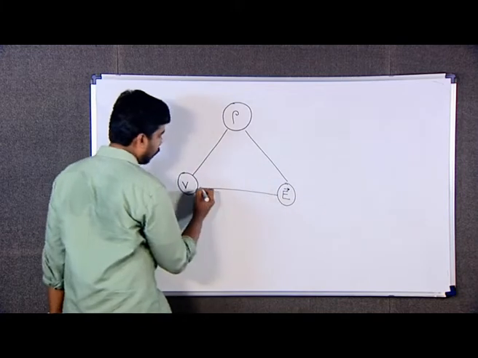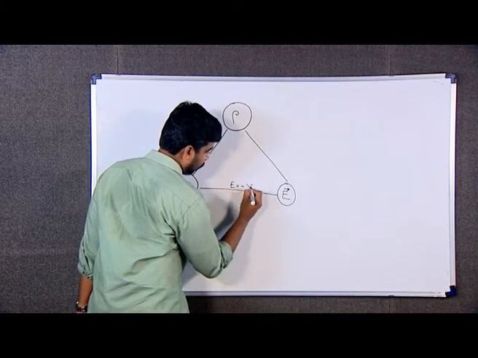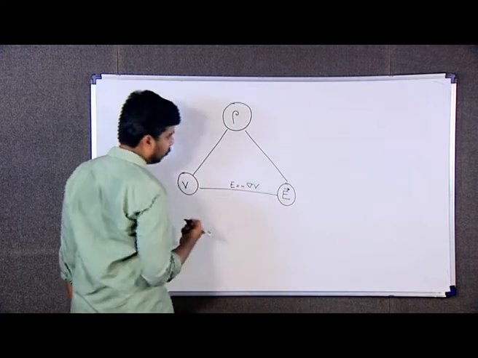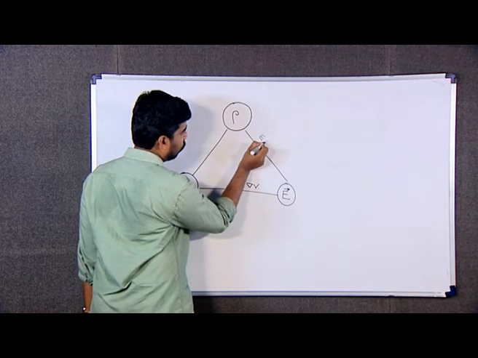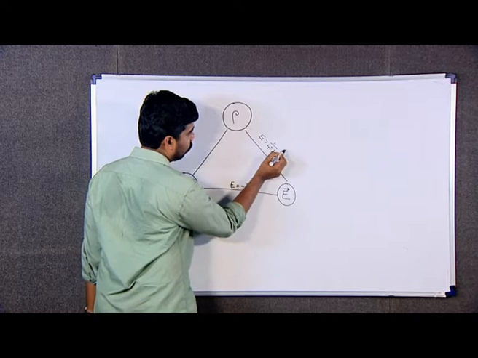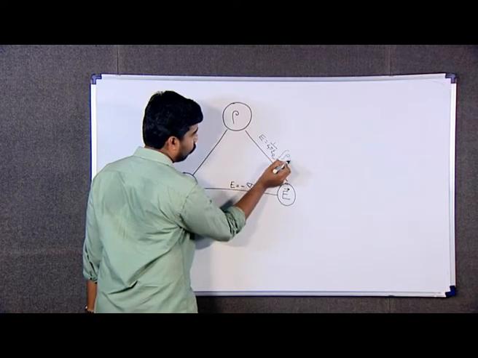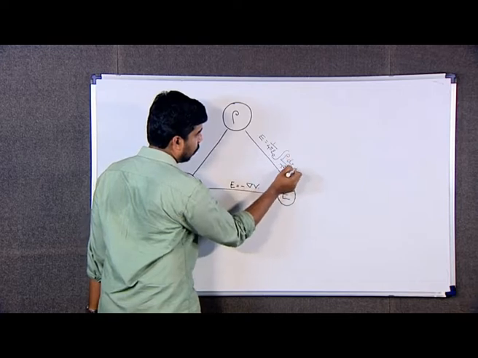So here, E is equal to minus del V. This is the connection between E and V. Another equation is E is equal to 1 by 4 pi epsilon 0 integral rho d tau by r square into r cap.